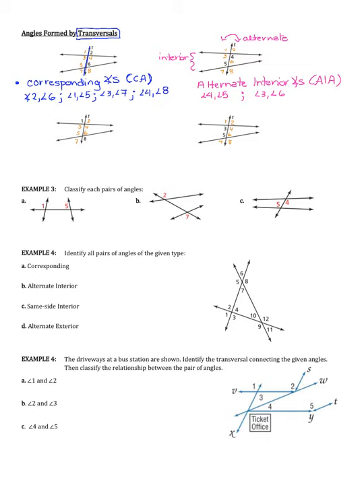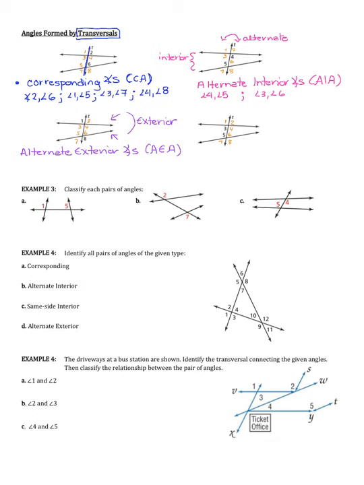So if we have alternate interior, it kind of makes sense that we would also have alternate exterior angles. And hopefully you're catching on here. I abbreviate this AEA. And so again, out here, not between, that is considered exterior to the two lines.